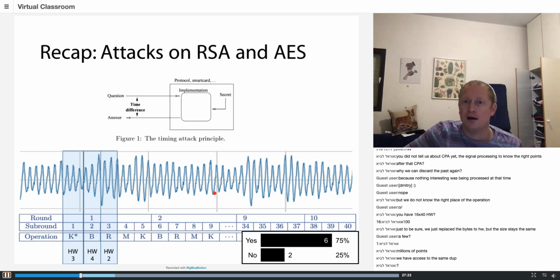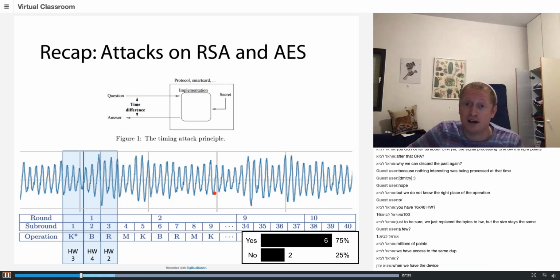Okay. If we have access to the device, if we have the device in our possession, like a SIM card, a smart card, a pay TV card, a phone, copy protected video, stuff like that, then that's a natural situation. We can do timing attacks and template attacks.